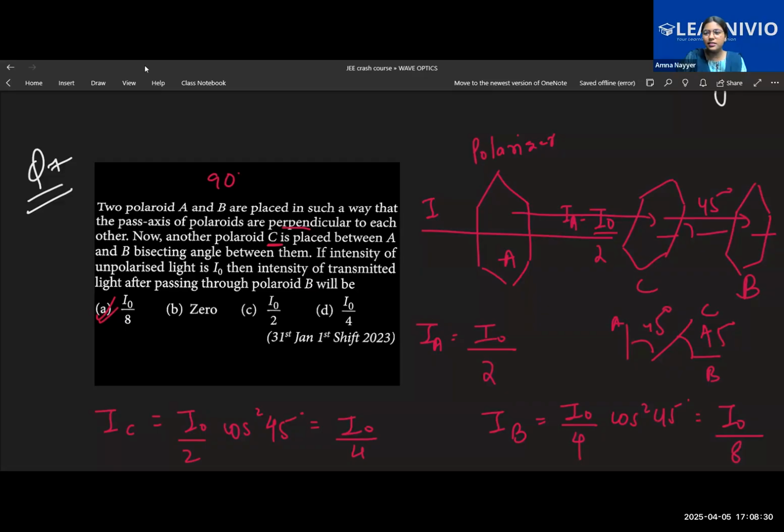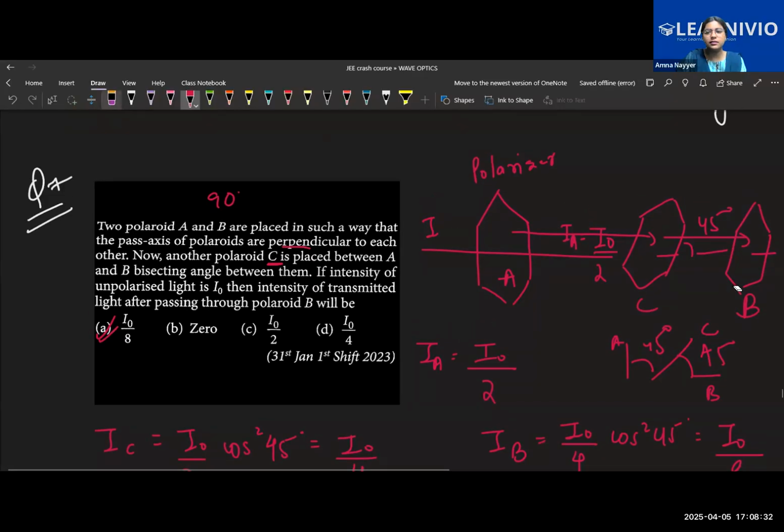This is not put like this, it is actually put like this. See, A and B have this angle. This is A, this is B, and their angle is 90 degrees. This is what it means when they are perpendicular. Then it says C is placed in a way that it is bisecting.